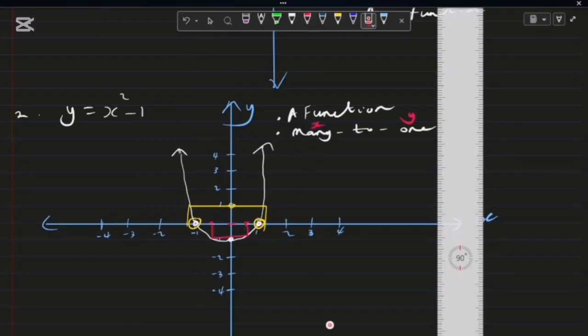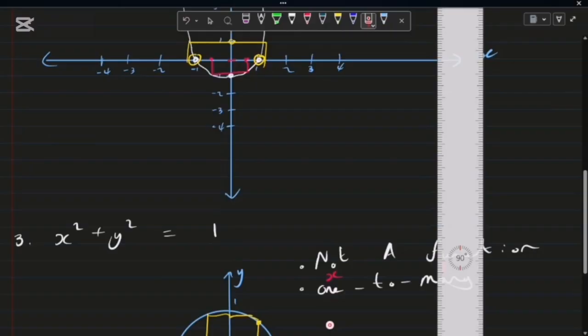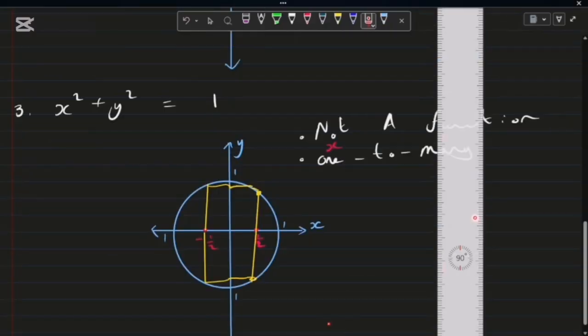And then let's go to the last one. Here we could see why this one is not a function. So let's show that using the vertical line test.